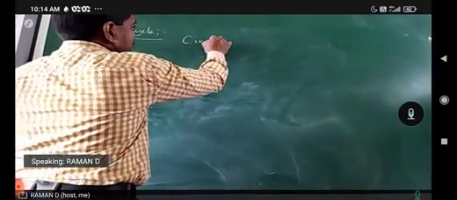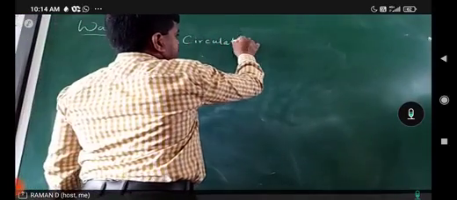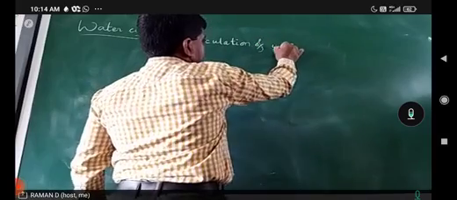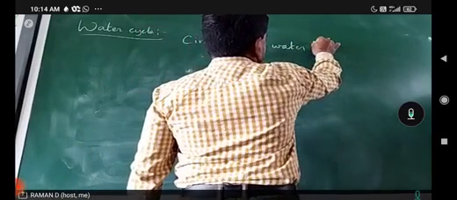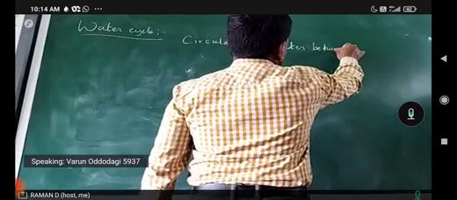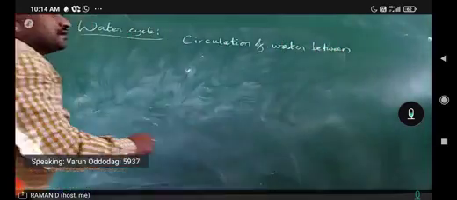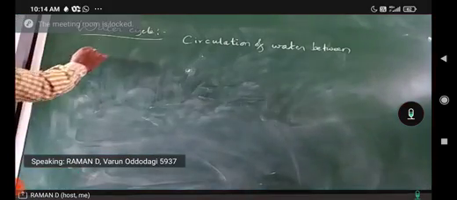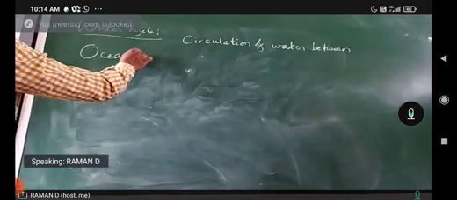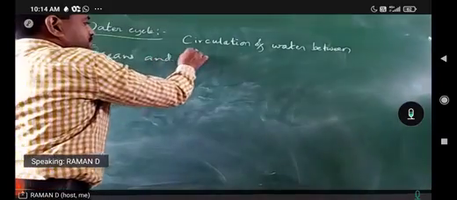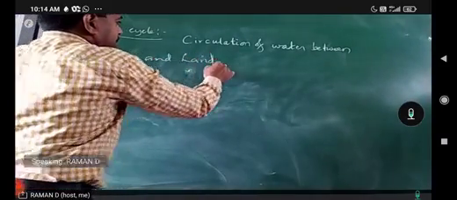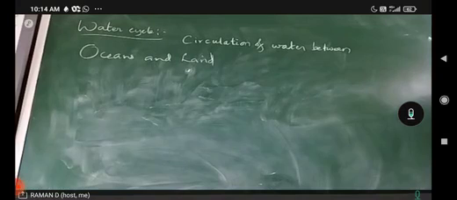Circulation of water in this manner is known as the water cycle, between oceans and land.